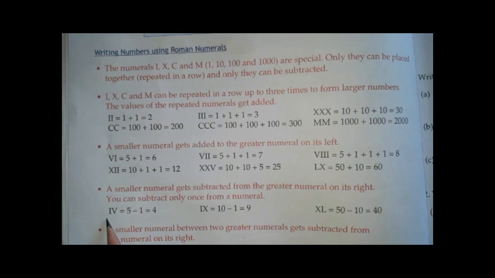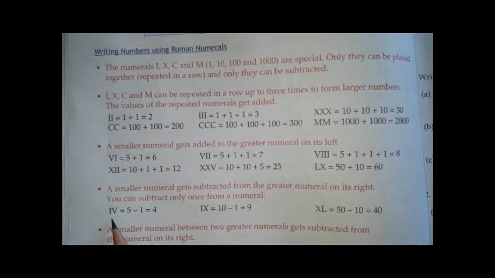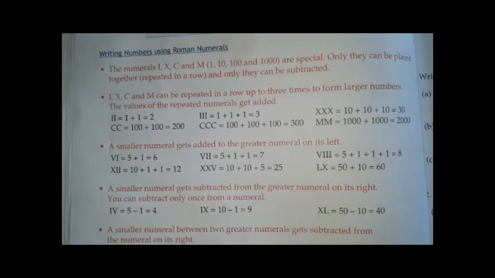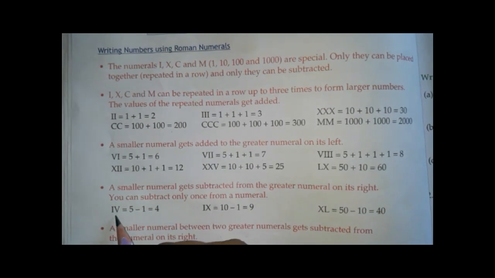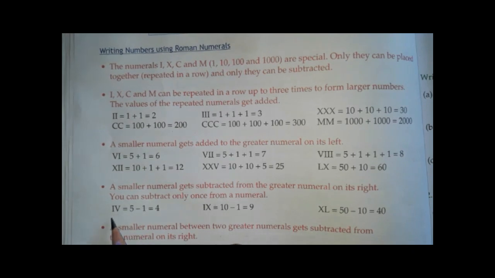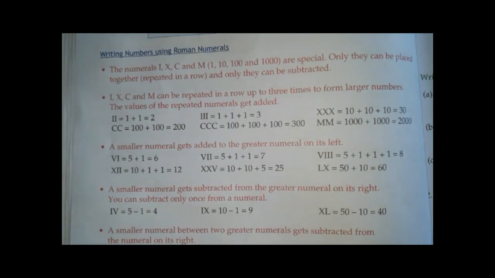If a smaller numeral is written to the left of the greater numeral, it gets subtracted from the bigger numeral. I is smaller and V is greater, so I will get subtracted from V. That means V means 5 and I means 1, so 1 will get subtracted from 5.